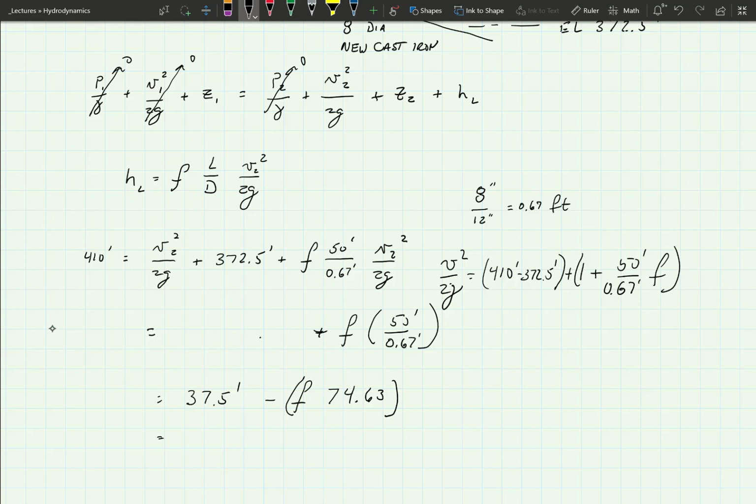Let's do 410 minus 372.5 feet. That's V² over 2g. And then I can wind up with 1.